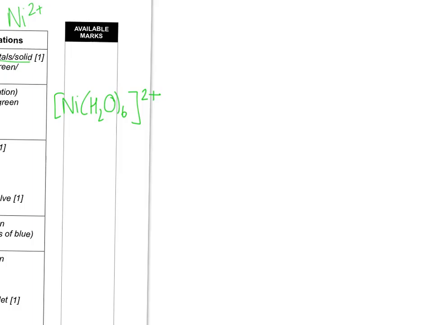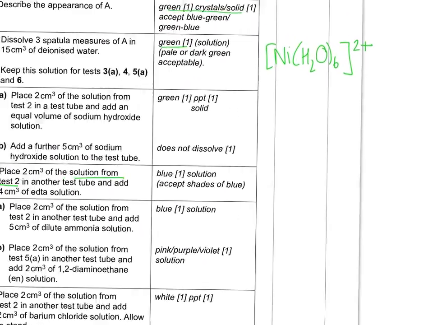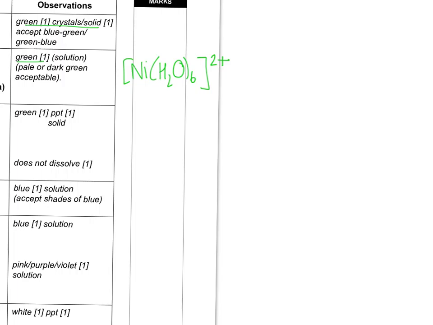Well, when EDTA comes in, what happens is that the EDTA comes in and it replaces the water ligands. So EDTA is a hexadentate ligand, which means that it can bond in 6 positions. And so it forms a very stable complex because it can bind in 6 positions.